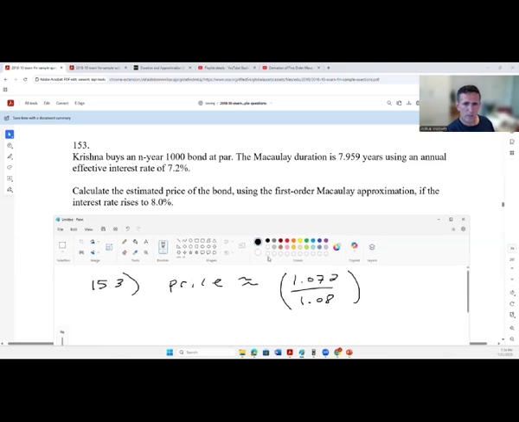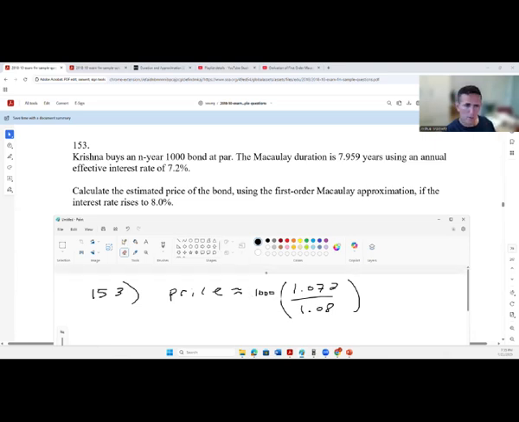Price, sorry, it's 1,000 times this, to the MacD, not 1 over. So MacD is 7.959.